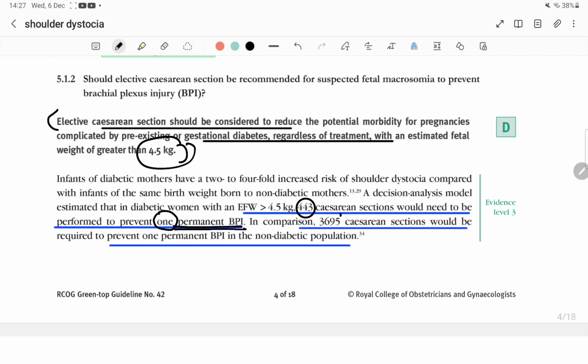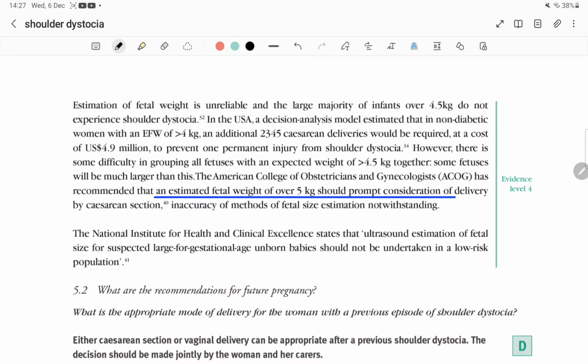But in non-diabetic, you have to perform 3695 cesareans, and cesarean is also a kind of morbidity you are giving to your patient. So performing that many cesarean sections to prevent one permanent injury is not justifiable. So just for the women with diabetes, you go for cesarean section.